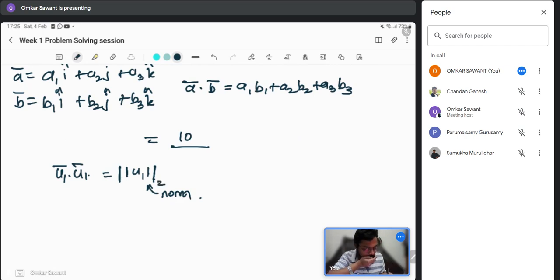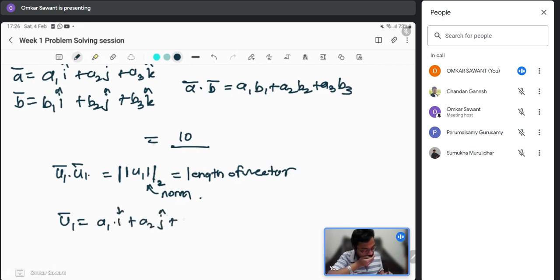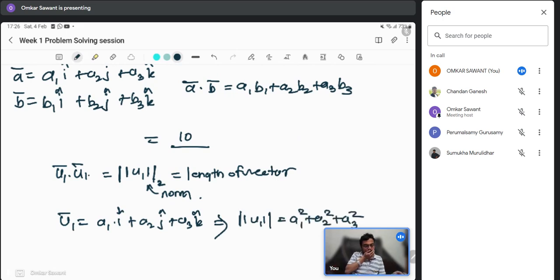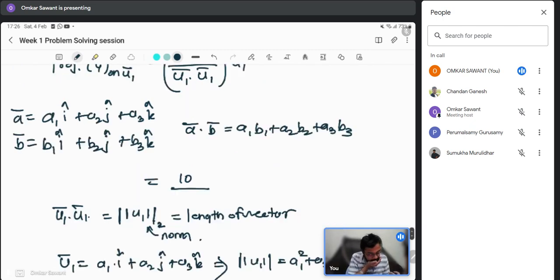So the square of the norm gives you the length of the vector. If u1 bar is a1 i plus a2 j plus a3 k, then the length of the vector will be the square root of a1 square plus a2 square plus a3 square.